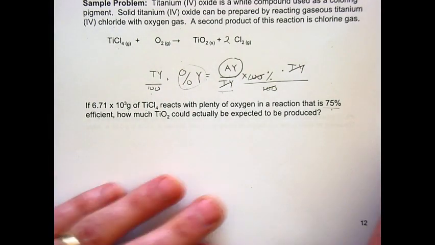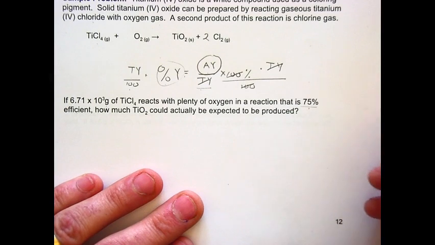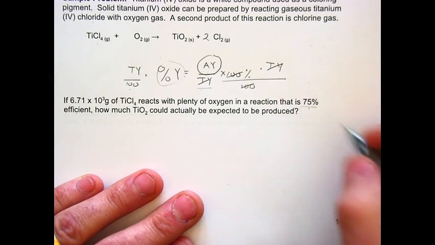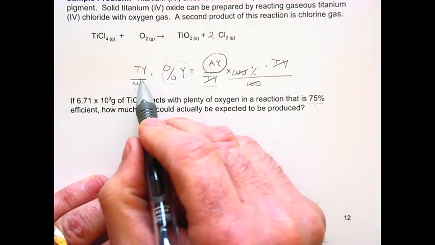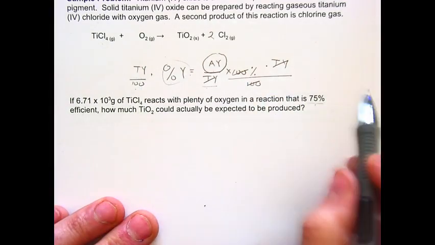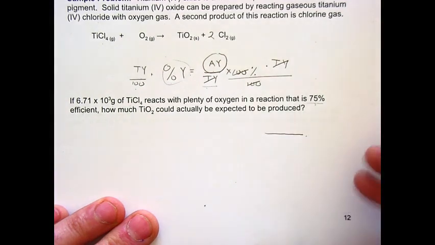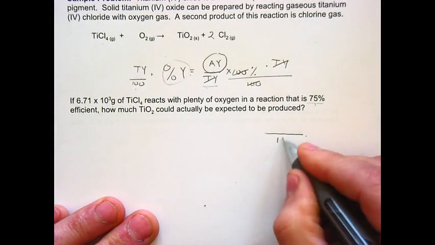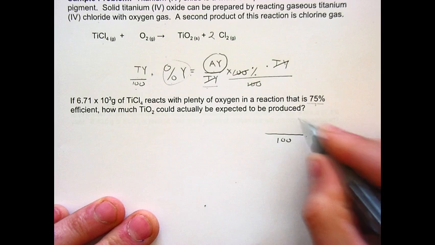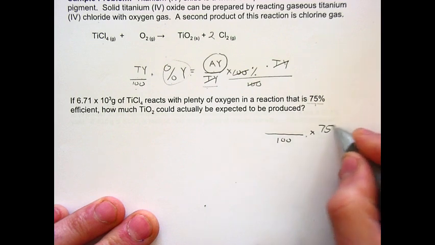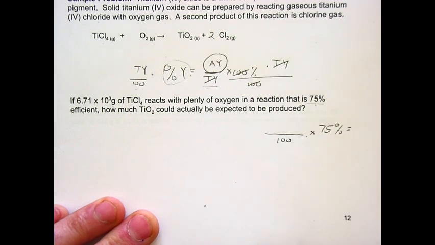So in this question, the theoretical yield needs to be calculated, but we have the percent yield. So we're going to take whatever the theoretical yield is, divide it by 100, and then times it by the 75%. And that should give us our actual yield.